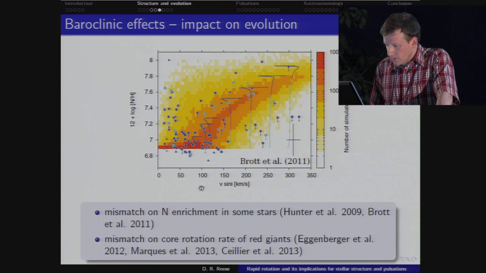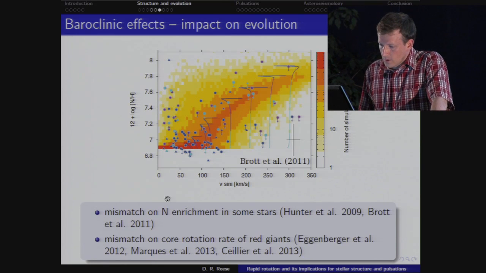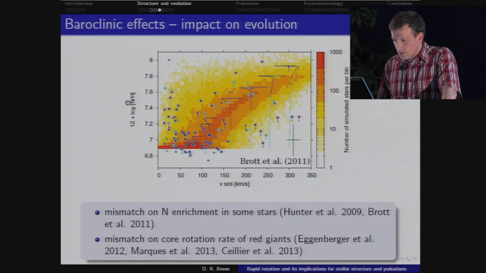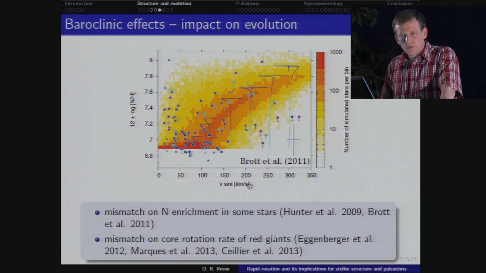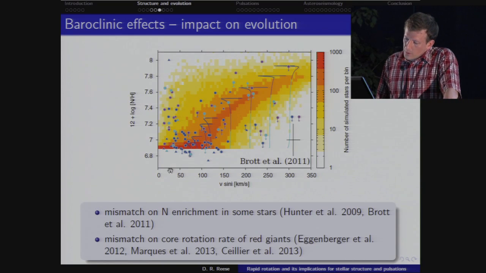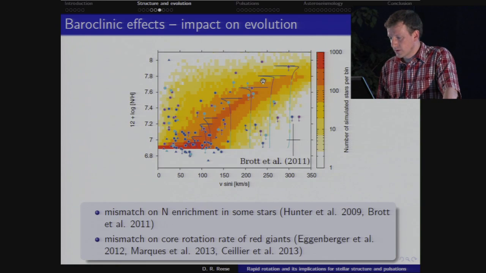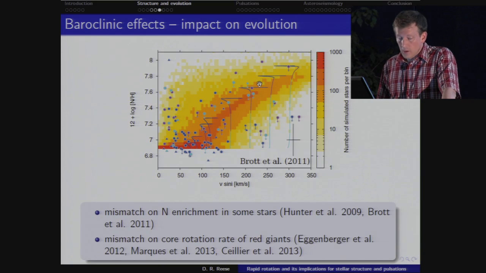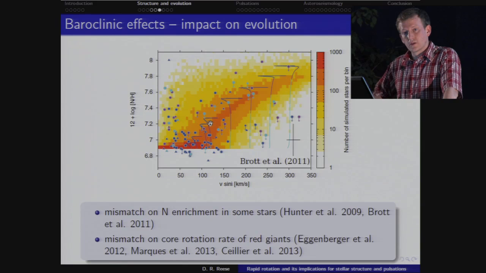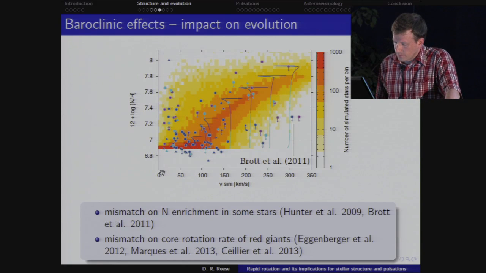There's what's known as the Hunter diagram, which shows the nitrogen enrichments as a function of the projected equatorial velocity. According to the rotating models, stars which rotate rapidly should be more nitrogen enriched than stars which are non-rotating, because rotation helps to bring nitrogen to the surface.